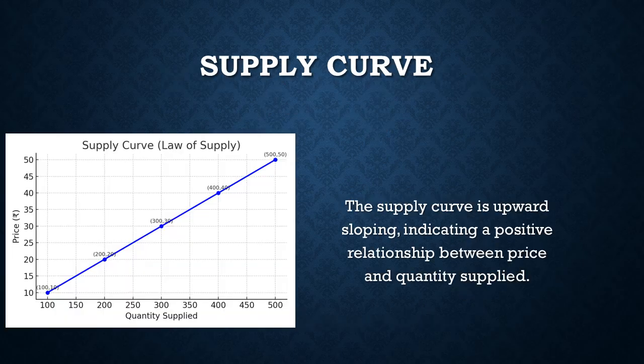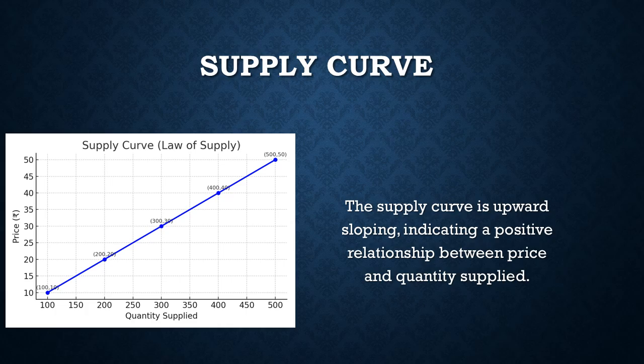Students, this slide shows us the supply curve, which is the visual way to understand the law of supply. The graph on the left side is made using the supply schedule we saw earlier, where price increased and the quantity supplied also increased. Now, what does the graph show? The curve is upward sloping from left to right.